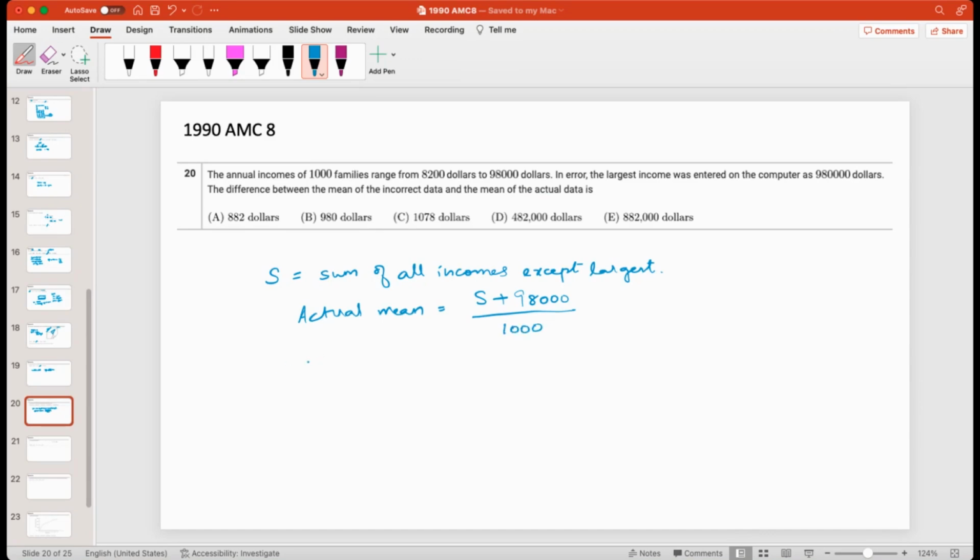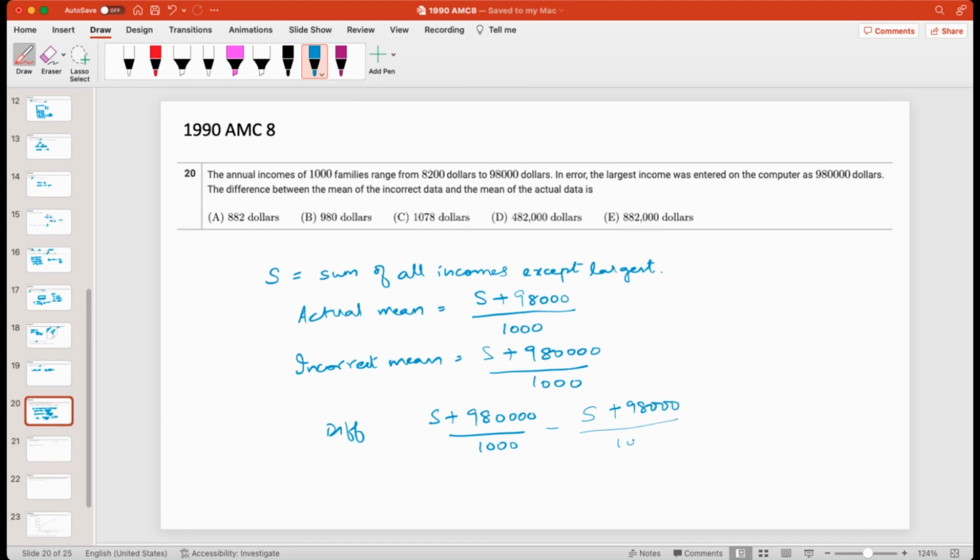Now my incorrect mean would be S plus 980,000 divided by 1,000. Now I'm going to find the difference between both the means. So I'm going to say S plus 980,000 divided by 1,000 minus S plus 98,000 divided by 1,000.